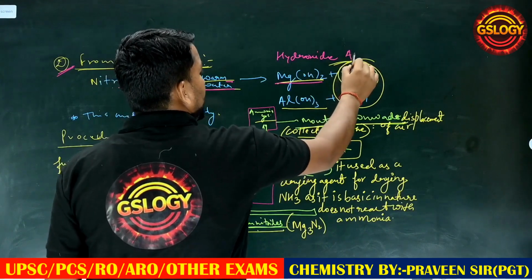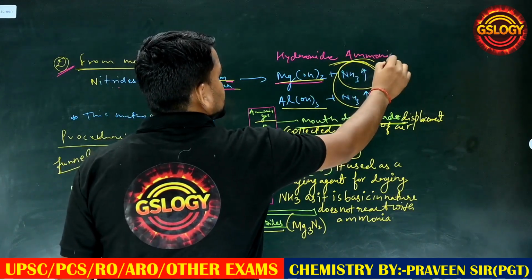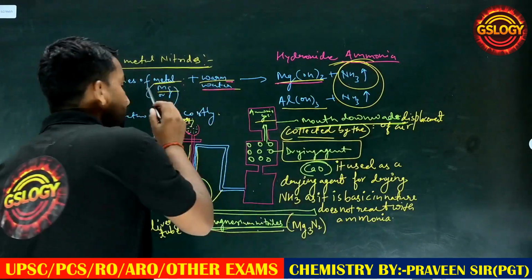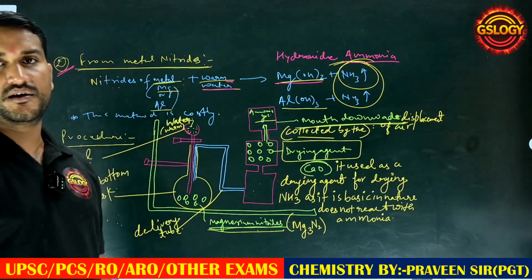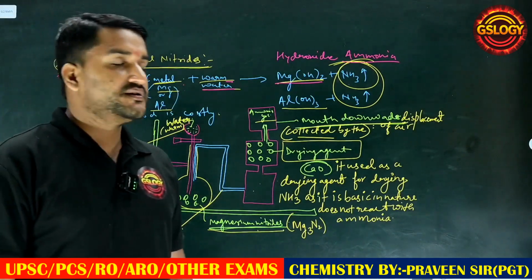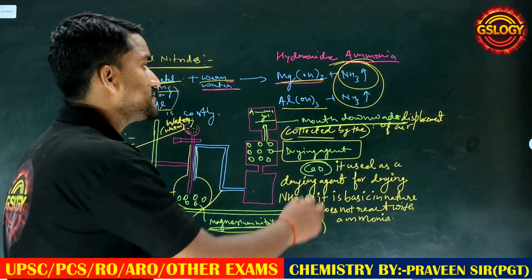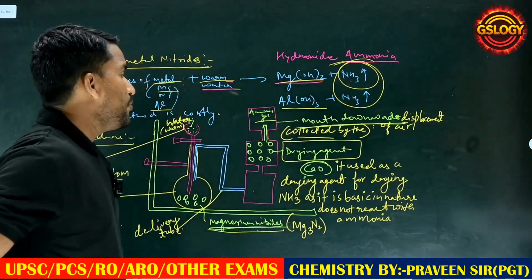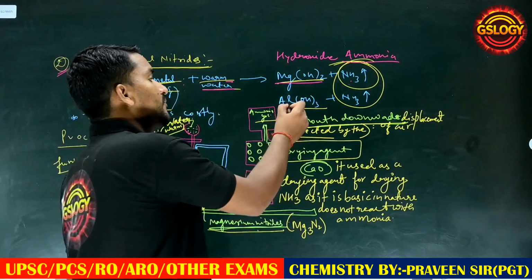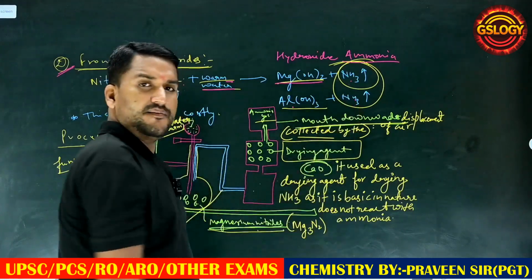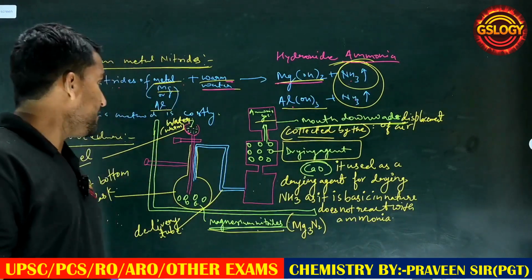When magnesium nitride reacts with warm water, it forms magnesium hydroxide plus ammonia. When aluminium nitride reacts with warm water, it forms aluminium hydroxide and ammonia. Okay.